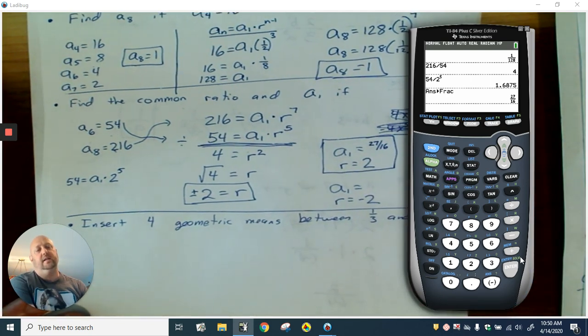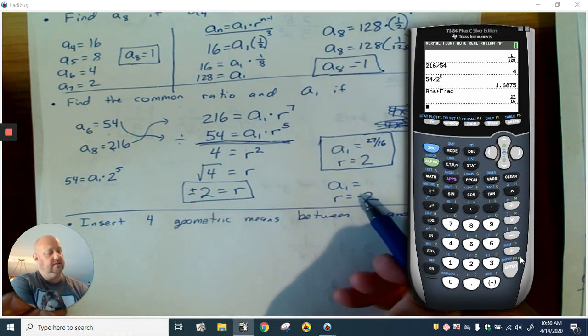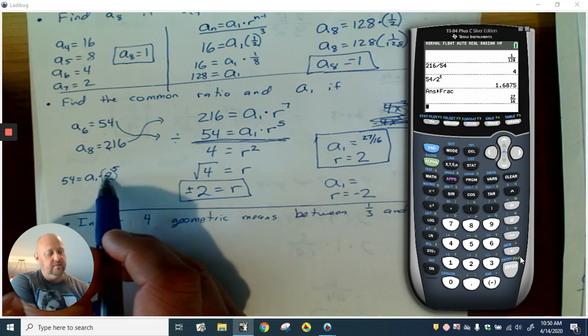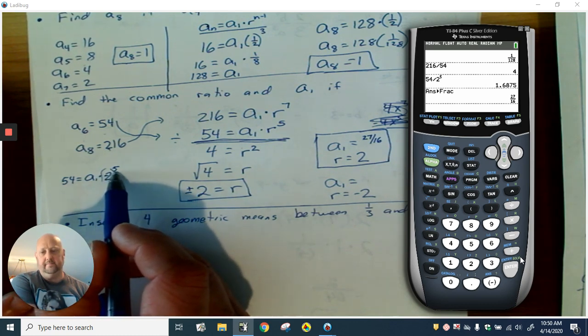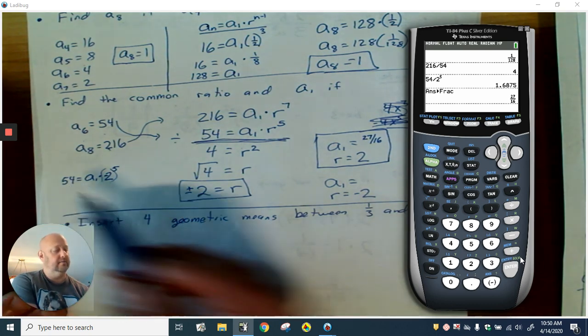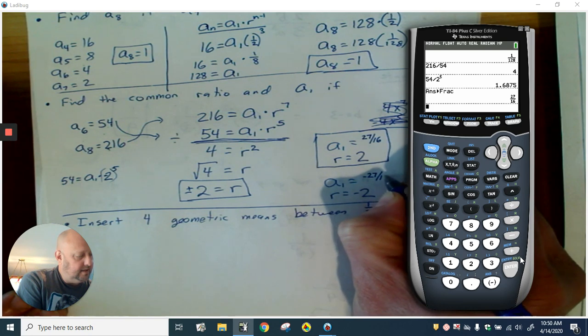Okay. Now, there is a different answer because in this case, when I plug in a negative 2 here and raise it to the 5th power, that's going to be a negative. So I do a positive divided by a negative, and I will get the same number, it's just going to be negative in this case.